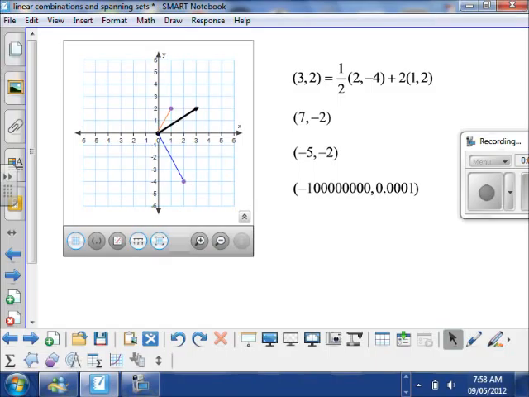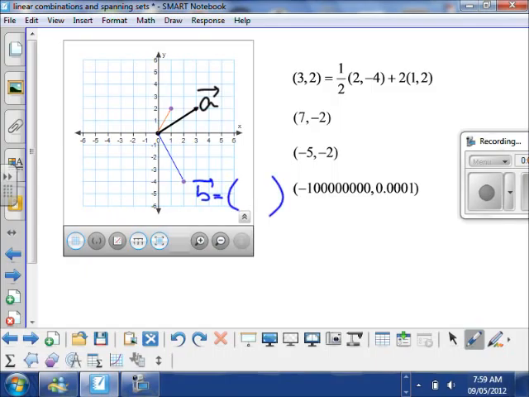Let's try to do that. As you can see here, the black vector is again the vector 3, 2, the same vector A. Now, I want to write this vector A as a linear combination of the blue vector. Let's call the blue vector B. How do I write vector B?